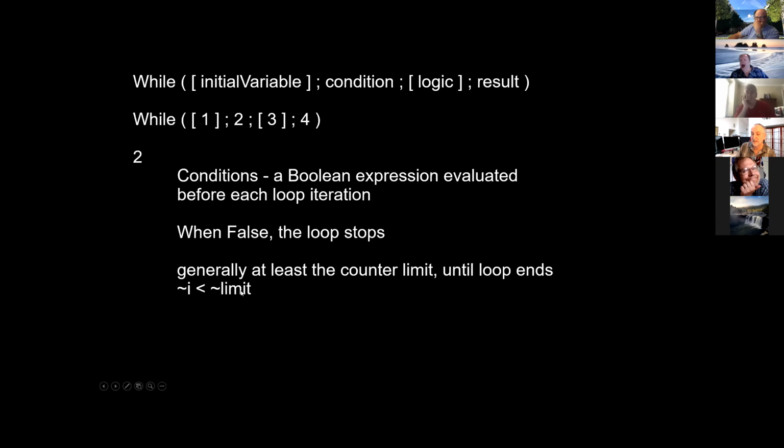Therefore, if I have a field called limit, I don't have to worry about confusing that with my parameter if I call it tilde limit. So you'll see a lot of this. But basically the idea here is the counter, which I'm calling I, and so long as it's less than the limit, the while function will proceed to loop. But as soon as it equals that limit, it stops.